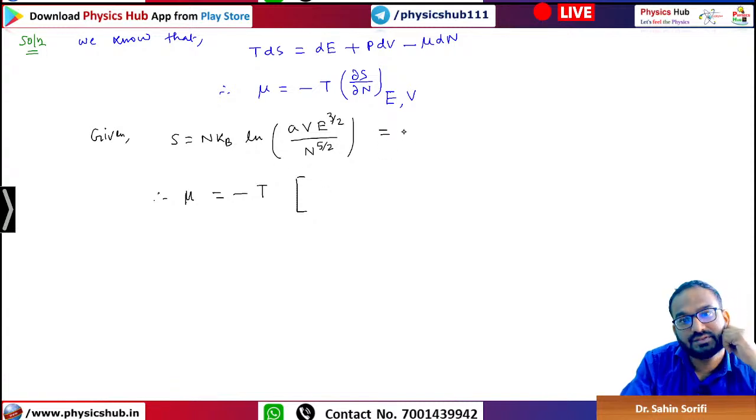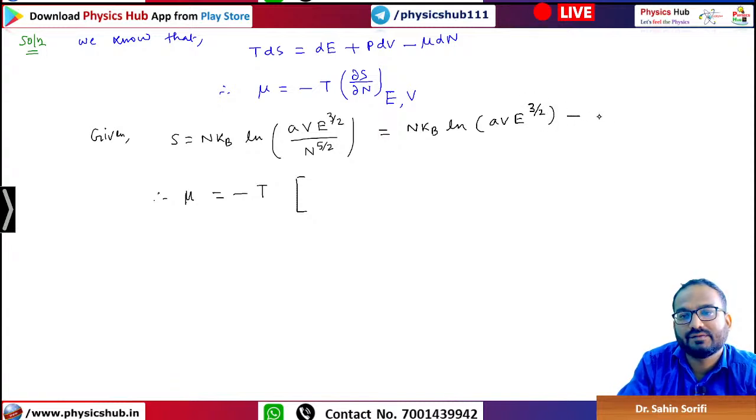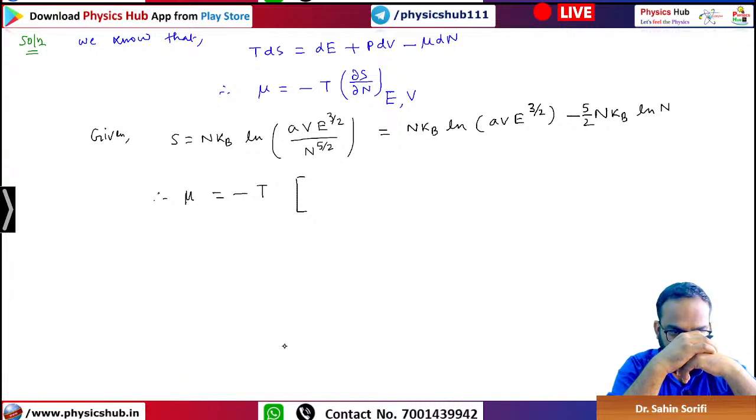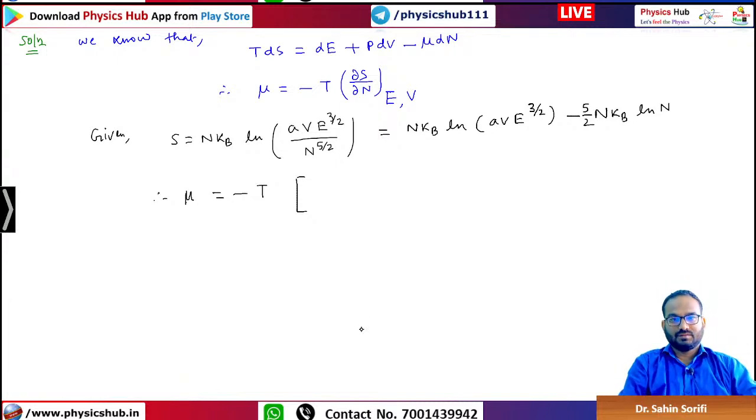So you can just write it as N Kb ln A V E to the power 3 by 2 minus N Kb ln N to the power 5 by 2. You can write it in this way. And what will it give you?